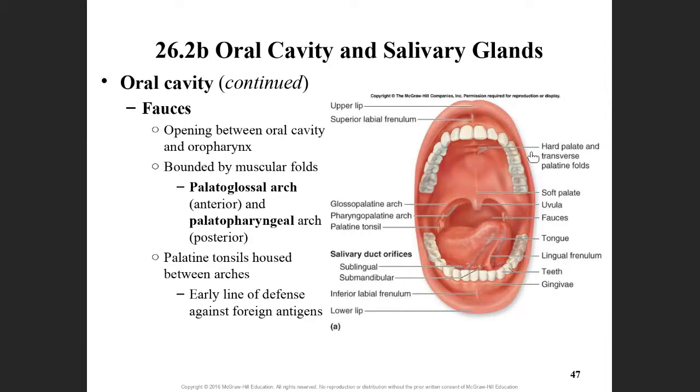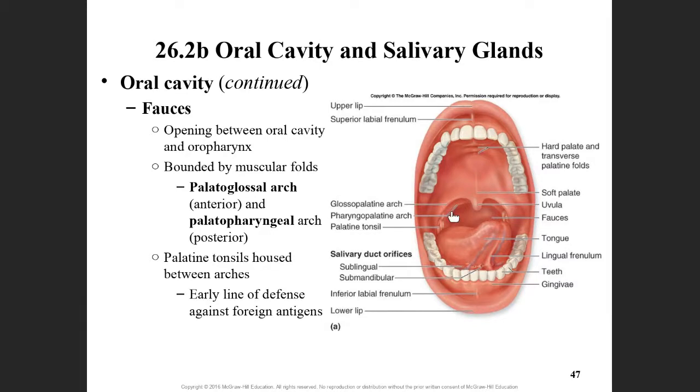The next term which I want to tell you is fauces. Look at here. The fauces is the opening between the oral cavity and our oropharynx. The fauces is bounded by two muscular folds. The anterior fold is called palatoglossal arch, and the posterior fold is called palatopharyngeal arch.